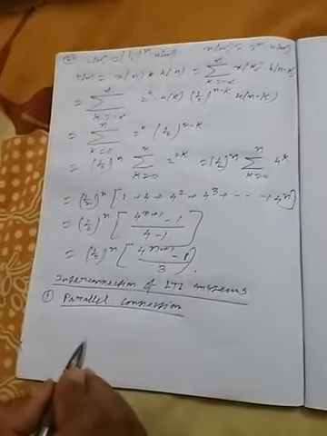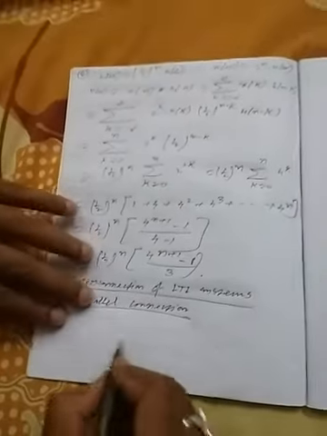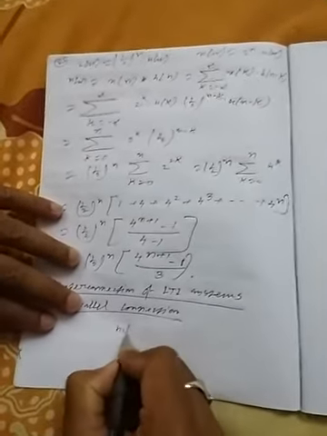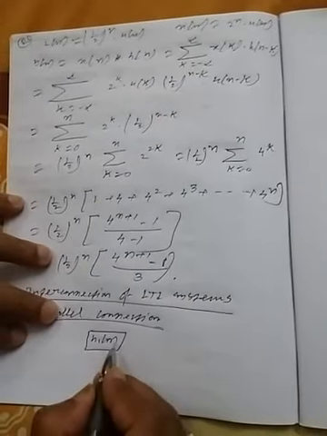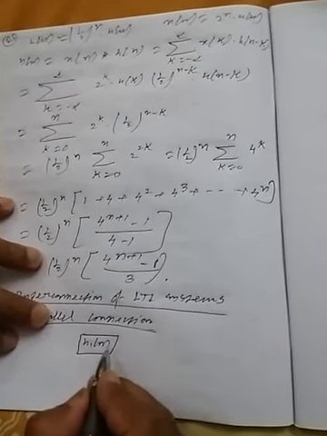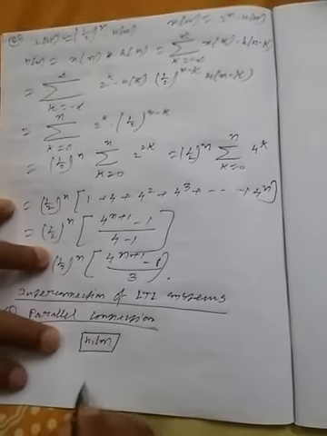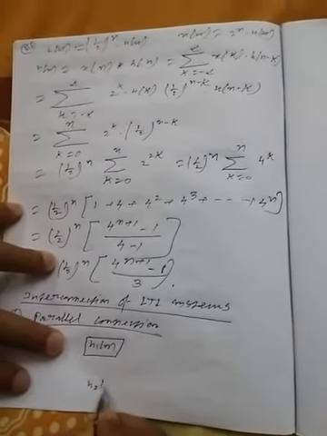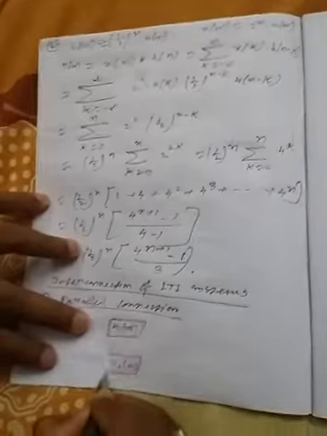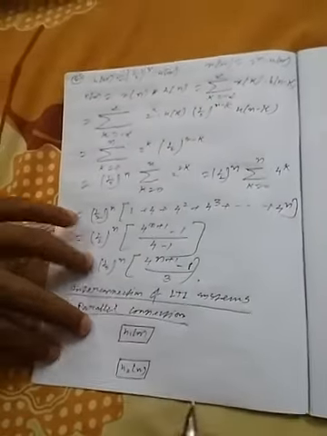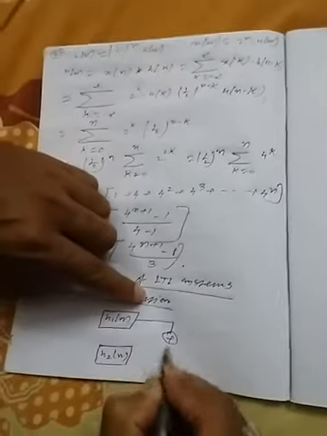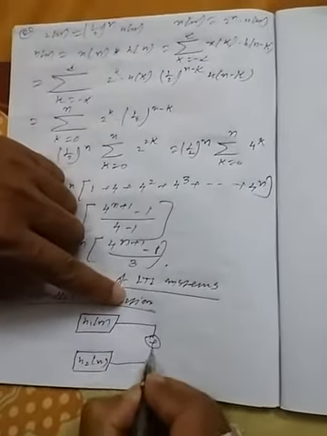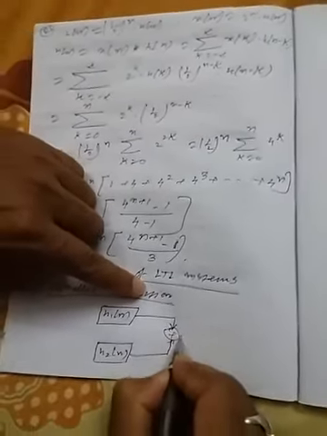Now here we assume the block diagram for parallel connection is this. Suppose this is a block of transfer function h1n and another one is the block of transfer function h2n, right? And there is a parallel connection. So here is a plus sign, right?